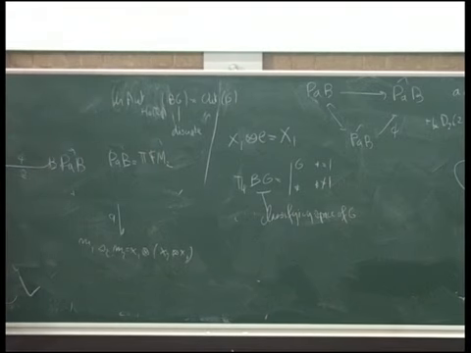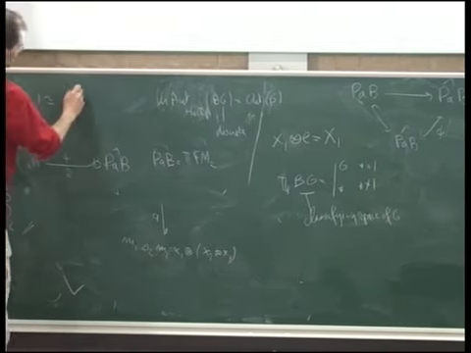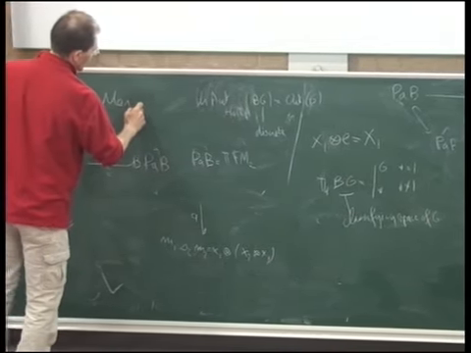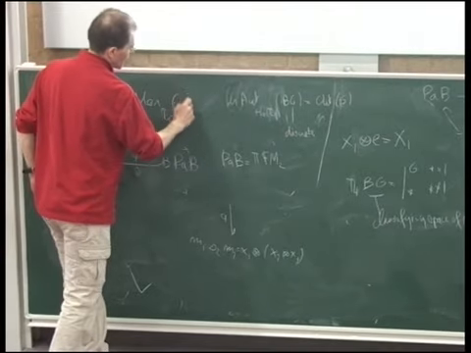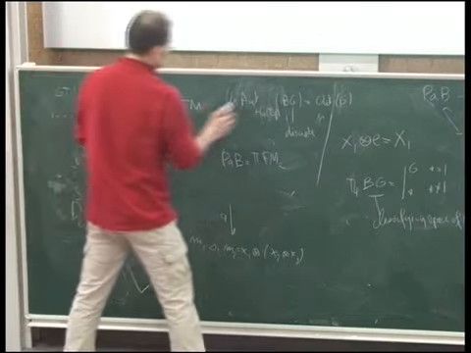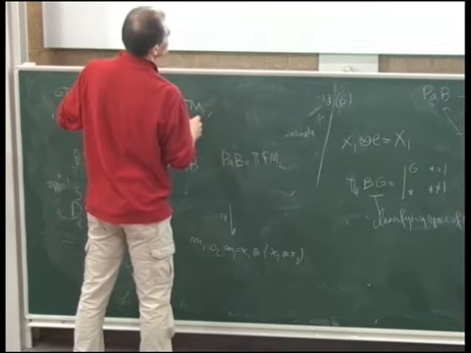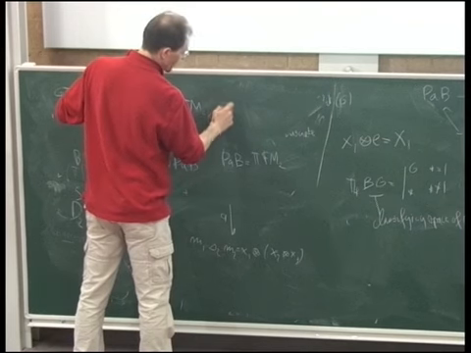So you check that you have such an iso from the Fulton-MacPherson operad to, maybe on the right hand side, you can take this completion.